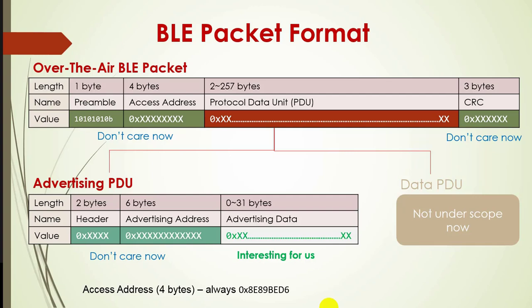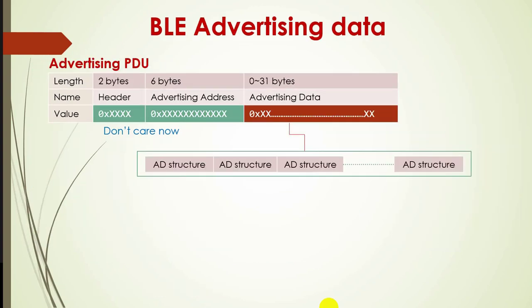If we further divide the advertising PDU, we have 2 bytes of header, then 6 bytes of advertising address, which is sometimes also called MAC address or BD address. Then we have 0 to 31 bytes of advertising data, which is of our interest. So we will see how these 31 bytes are further divided to send an advertising packet.